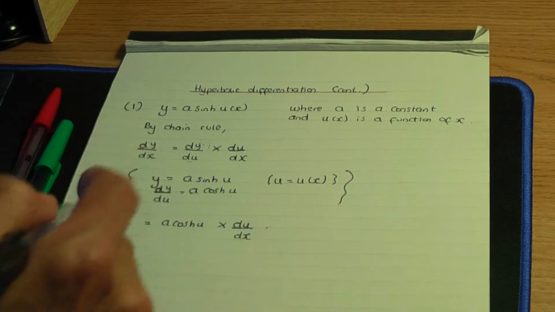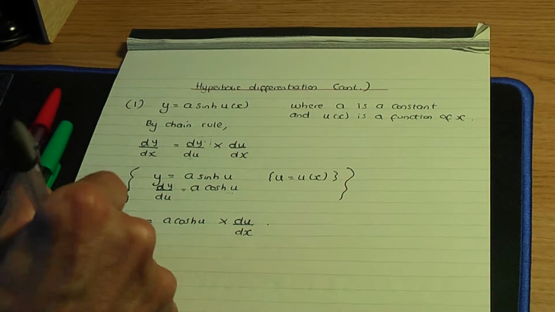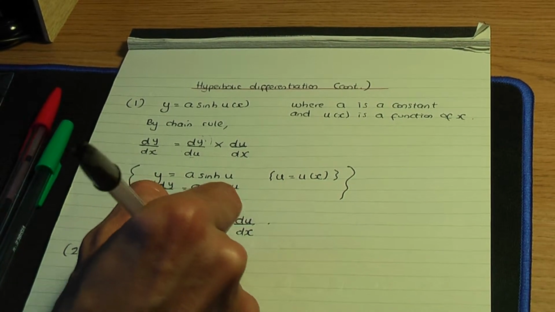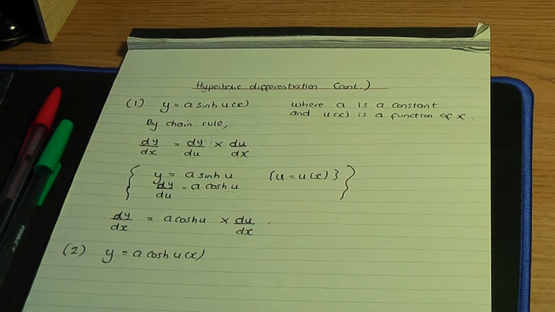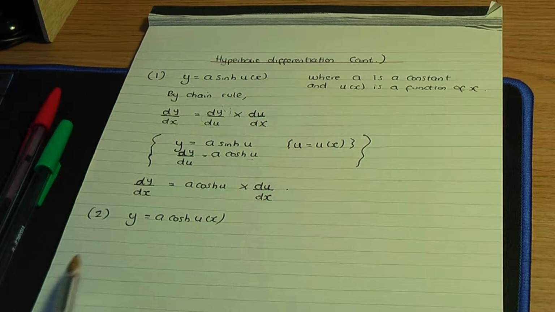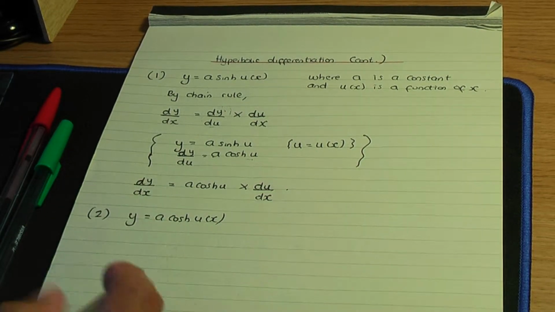Okay, so in the same way, number 2, if y equals a hyperbolic cos u(x), let me just go through how this result is found using the same steps.